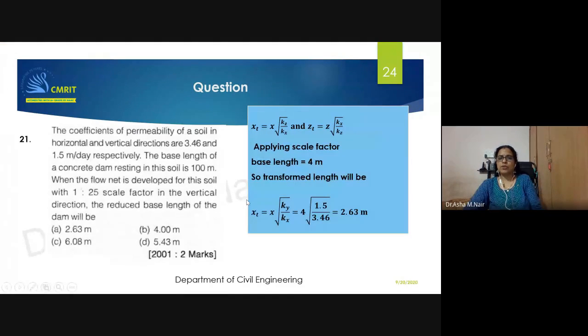It is a horizontal dimension. So for x, if I have to scale, I have to multiply with square root of ky by kx, which is the vertical value of k, 1.5, divided by the horizontal, 3.46. So we will get it as 2.63 meters. Please note this is a 2-marker question.